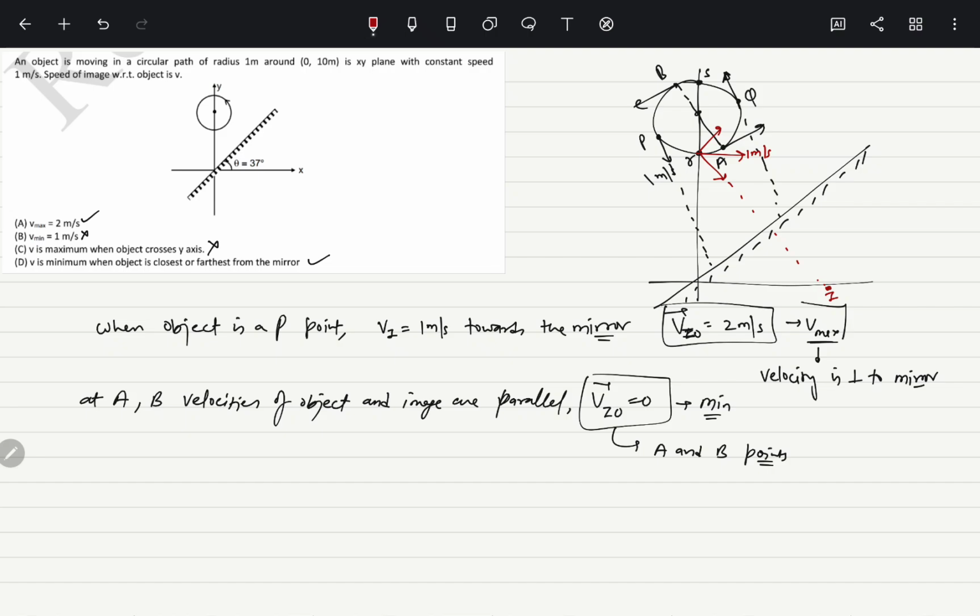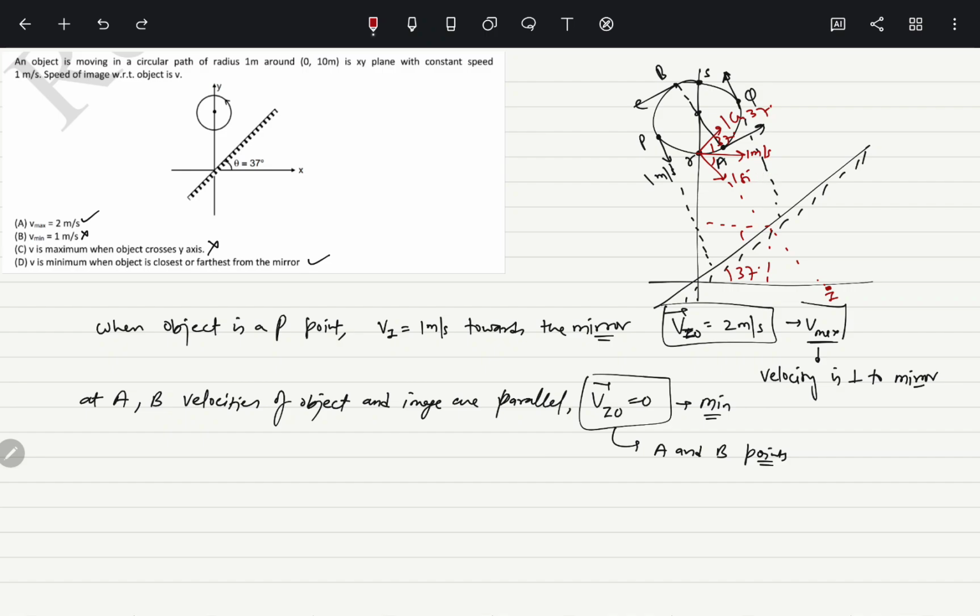Suppose the angle is also given, 37 degrees. Then this is 37 degrees, and you can calculate: this component will be 1 cos 37, and this one will be 1 sin 37.